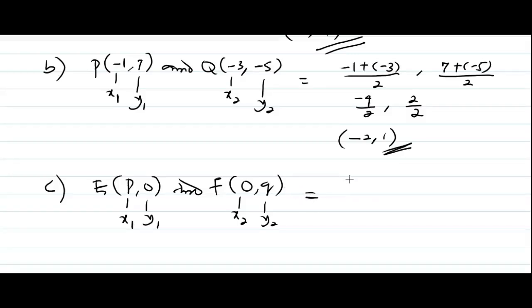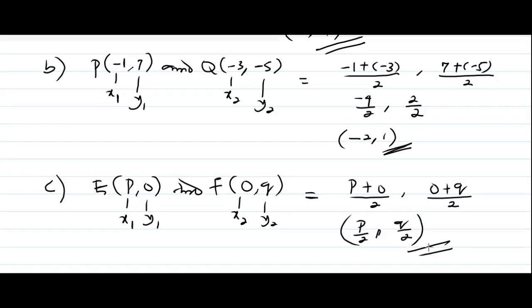So x1 plus x2 will now be P plus 0 divided by 2, comma, y1 plus y2, that will be 0 plus q divided by 2. So P plus 0, that is P over 2, 0 plus q, that is q over 2. So this is the midpoint of the line joining E and F.